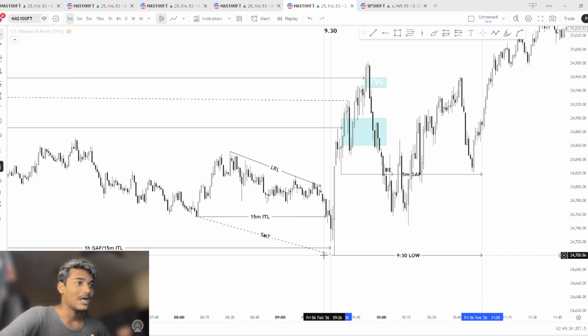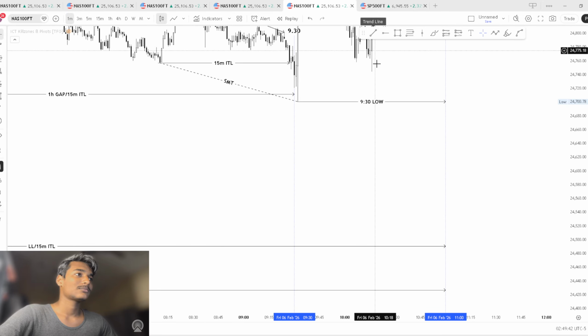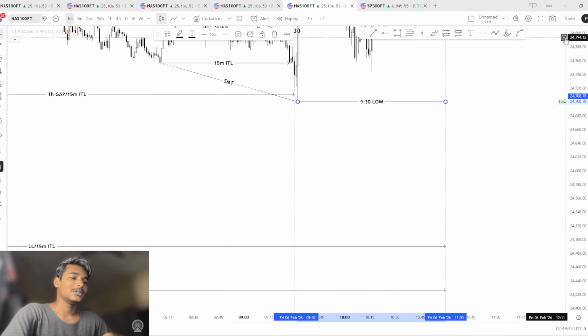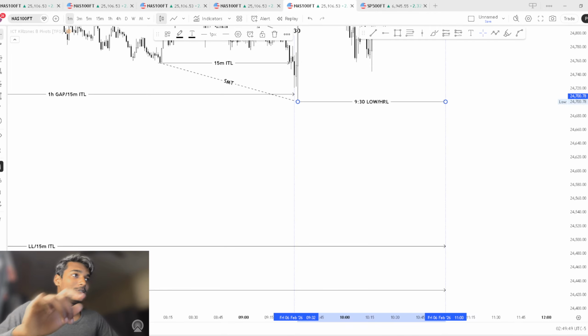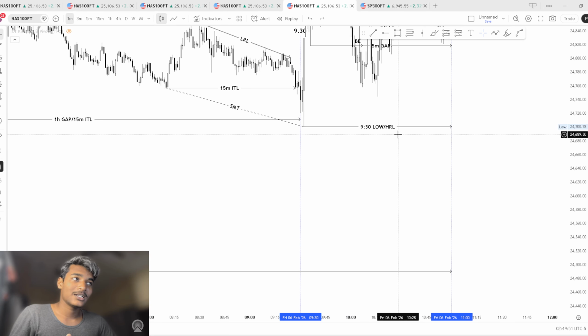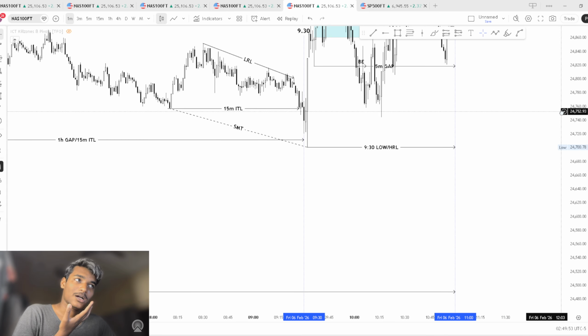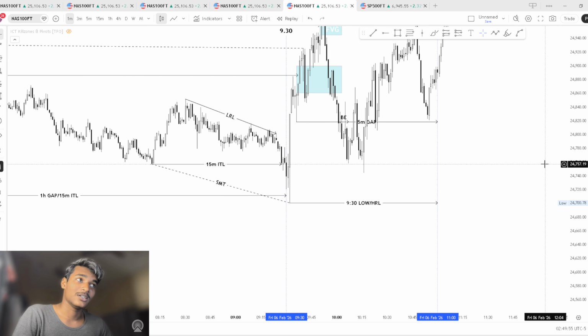But I know it now and I will implement it in my trading from now on, and I will also mark this high resistance liquidity like this now, so I have some idea of where to target and where to place our stop loss.